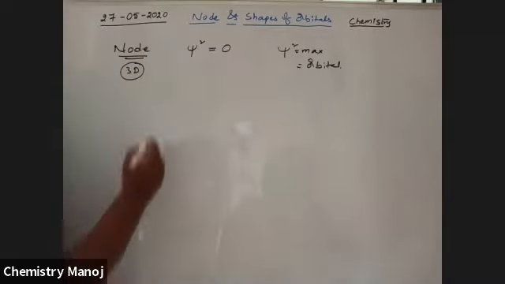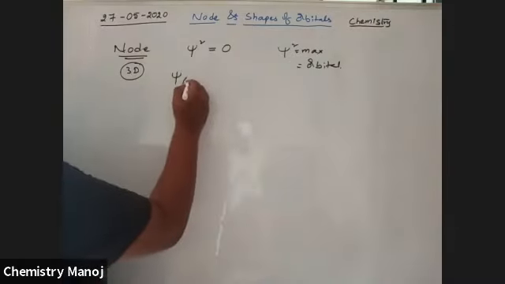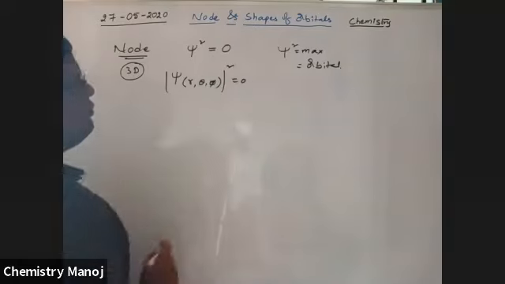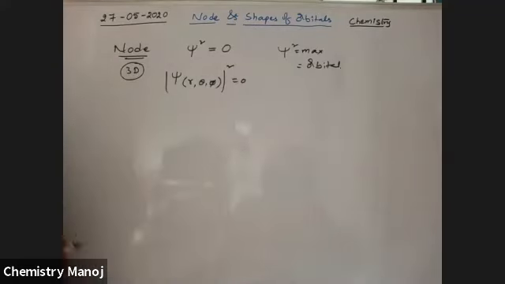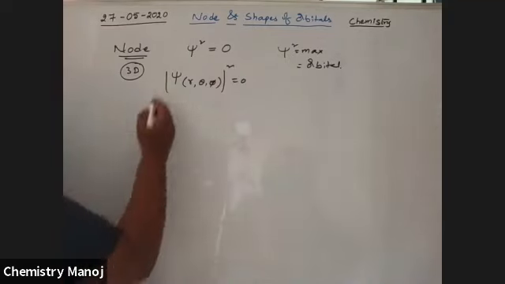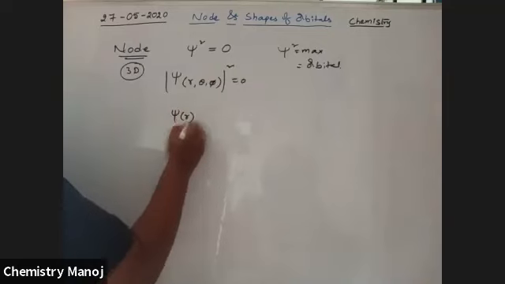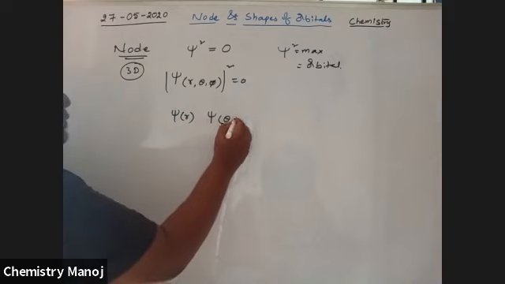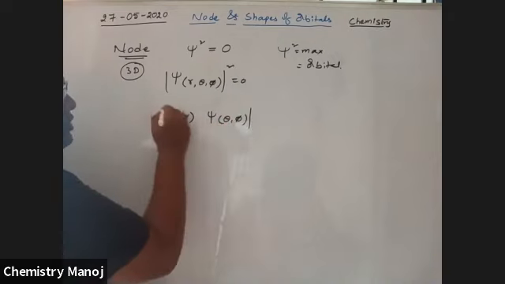So now, node means psi square becomes zero. Psi is a function of r, theta, and phi. I already told this yesterday, that is polar coordinates. Psi with respect to r and psi with respect to theta and phi.